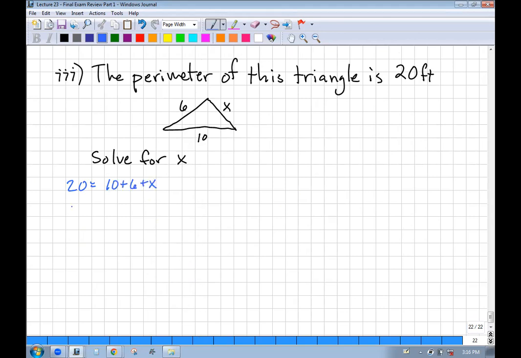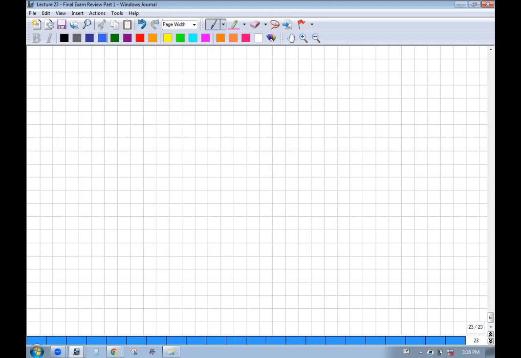There's our setup. 20 is 16 plus x, right? Subtract 16 from both sides. So x has to be 4. Now you check our work. If I had a 4 here, 10 and 10 makes 20. So easy problem.